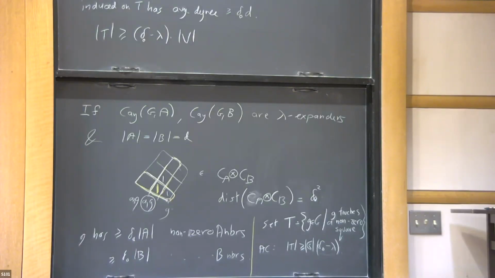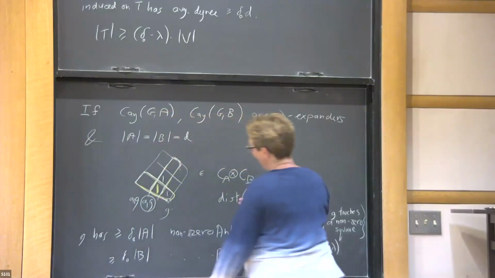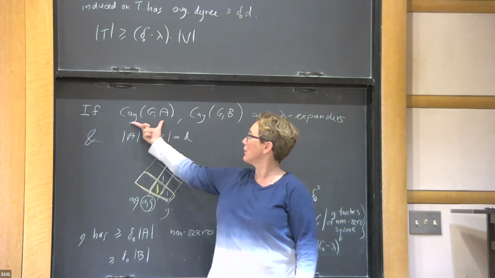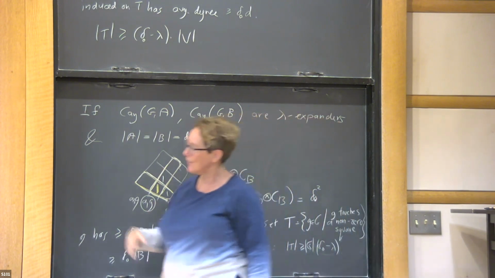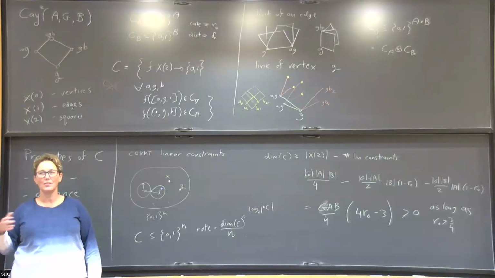Yeah, but you need to compare it to lambda, and lambda is 1 over square root D, so you cannot allow that. But they're saying that you can use the Alon-Chung lemma only on the skeleton of this graph, and forget about the other graph. It doesn't matter. Okay, it doesn't matter. We're also going to need the distance for the local testability. I doubt it will work if the distance is trivial.